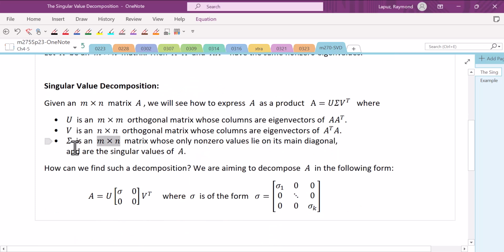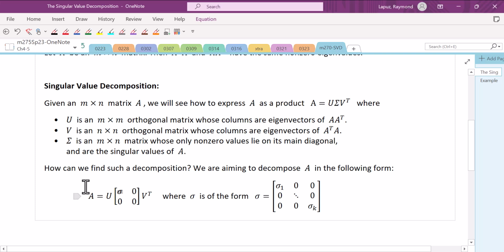And then what is this? How is this expressed? Sometimes it's expressed this way. The sigma matrix is going to be expressed this way, where you have a bunch of zeros, except you have sigma in the upper left-hand corner. Now, this is technically not a 2 by 2 matrix, but rather a more complicated matrix.